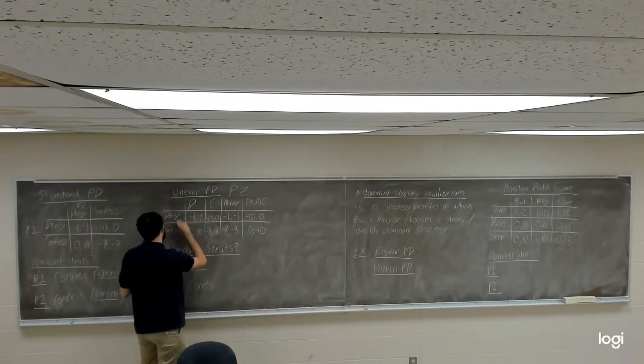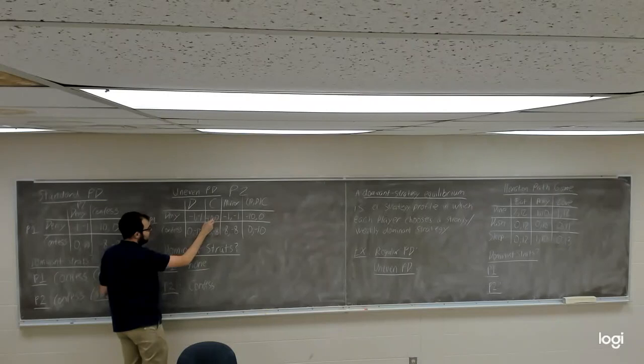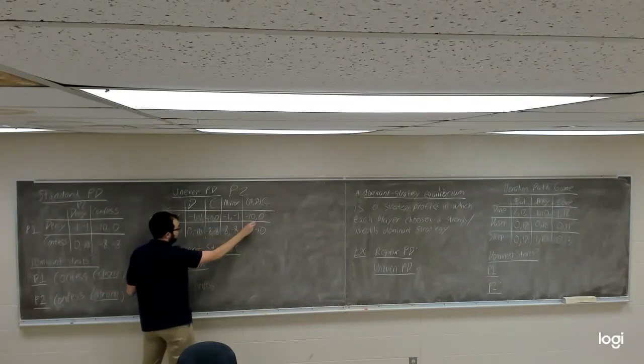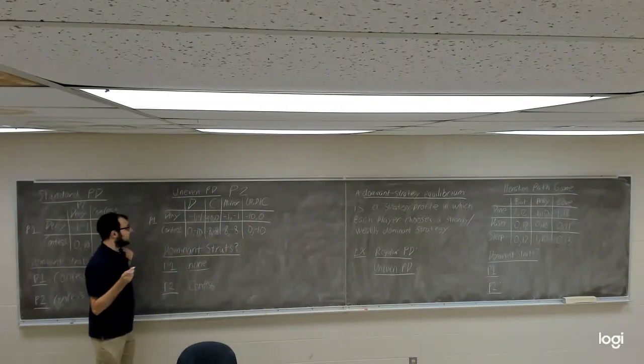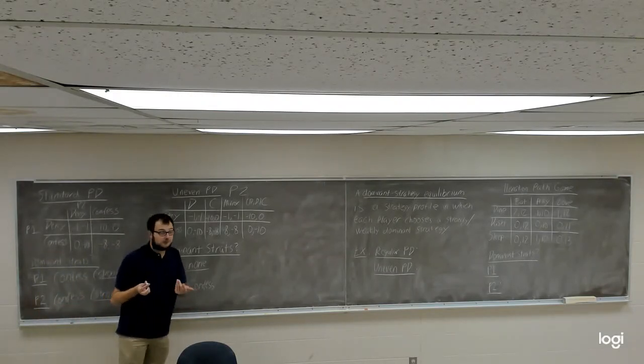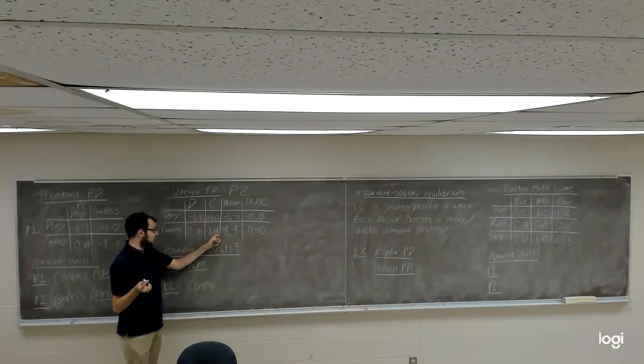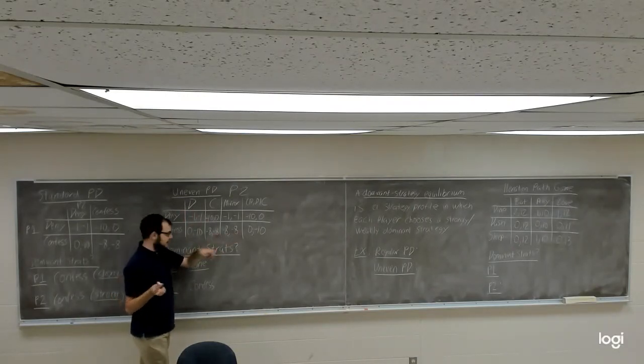If player 1 chooses deny, 0 is the best player 2 can hope for, which they can get from either choosing always confess or the anti-mirror strategy. And if player 1 is choosing confess, then the best payoff player 2 can hope for is -8, which they can also get from either confessing or using the mirror strategy.